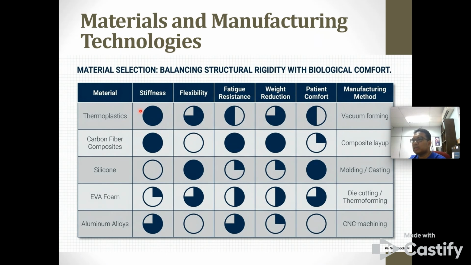What you can see here is that a fully colored round means the maximum advantage. For example, carbon fiber, aluminum alloy, and thermoplastic have very high stiffness, but when a material has high stiffness, it may contribute to less flexibility, for example carbon fiber, but they can have high fatigue resistance due to the high stiffness.